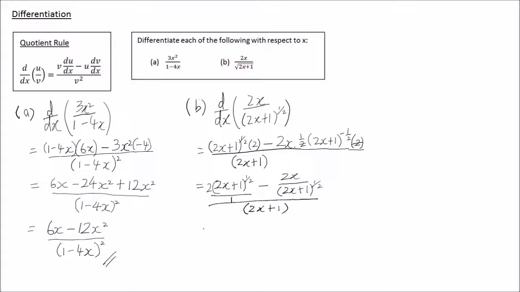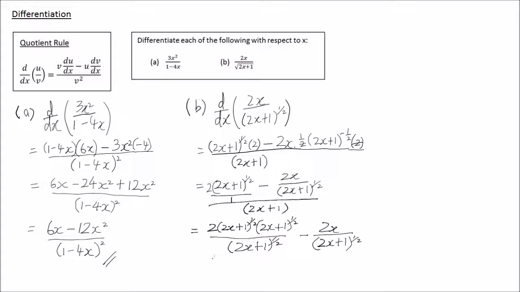In other words, this will become 2x plus 1 power half multiplied by this bracket, which is the same thing as this, 2x plus 1 to the power half, over the same 2x plus 1 to the power half, minus 2x over 2x plus 1 to the power half.